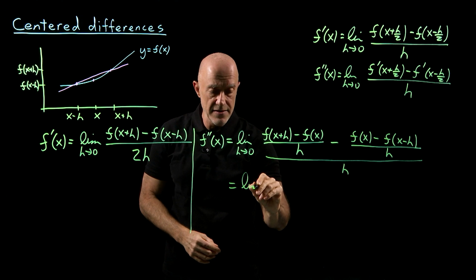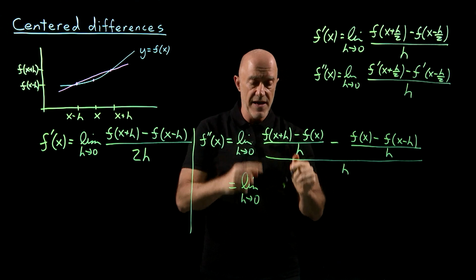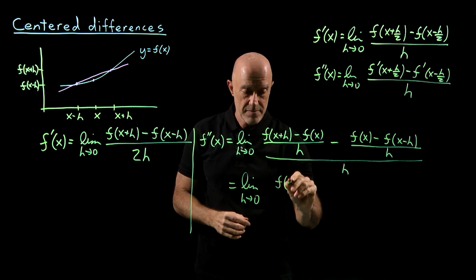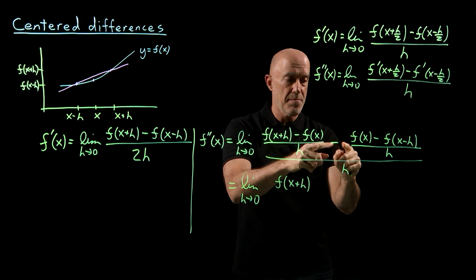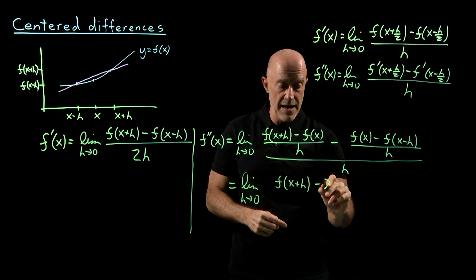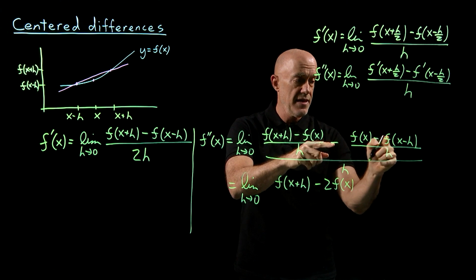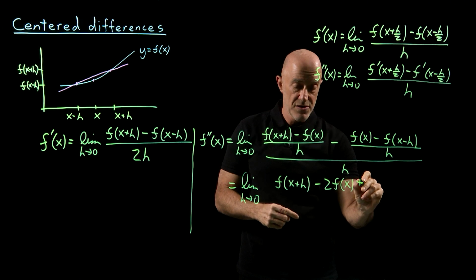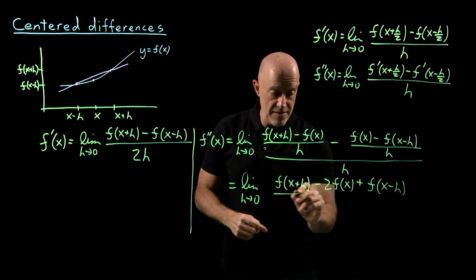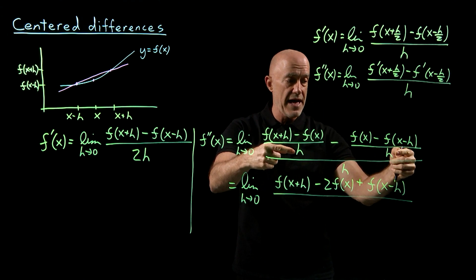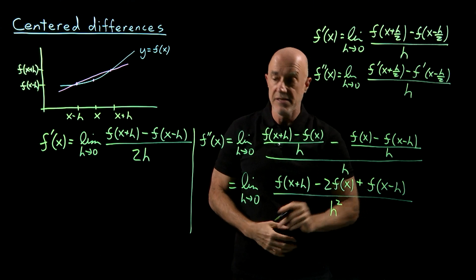This simplifies to the limit as h goes to 0. We have an f of x plus h. Then we have a minus f of x minus f of x, so we have a minus 2f of x. And then we have a minus minus f of x minus h, so we have a plus f of x minus h. And then all divided by, we have a division by h here, a division by h here, so all divided by h squared.